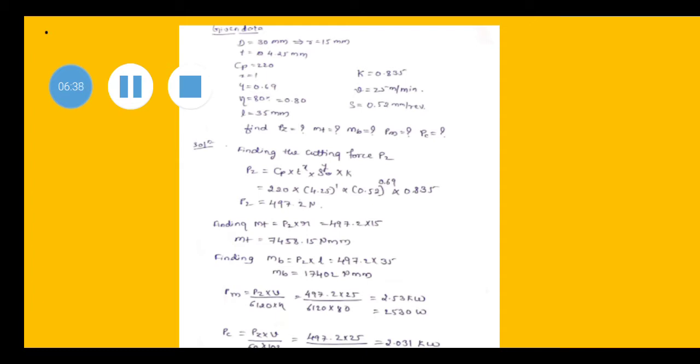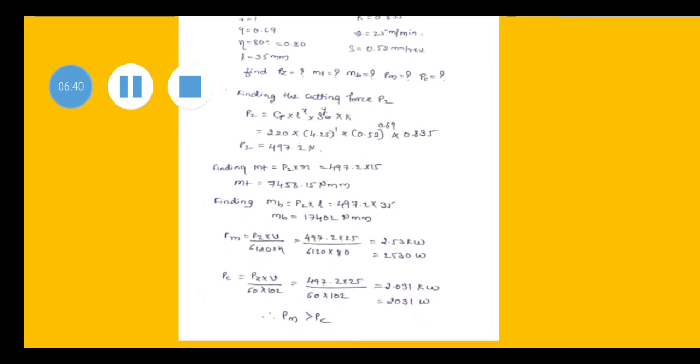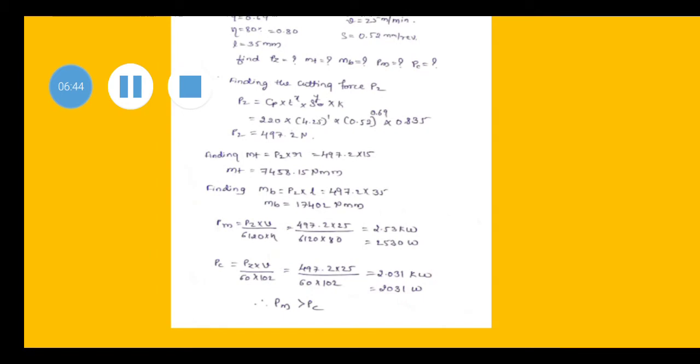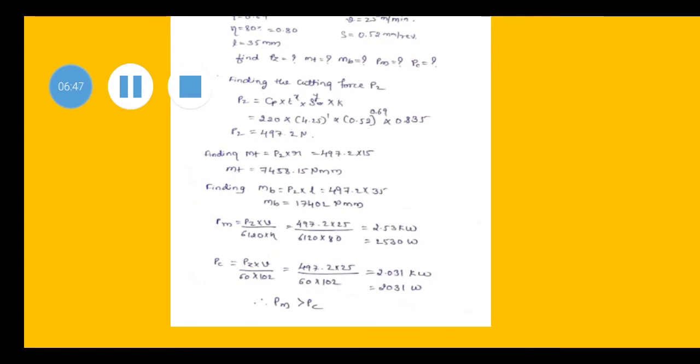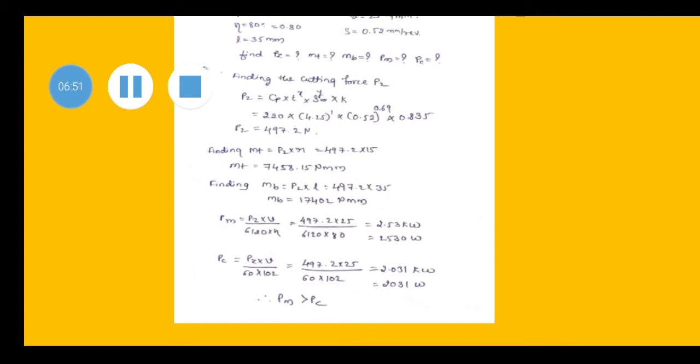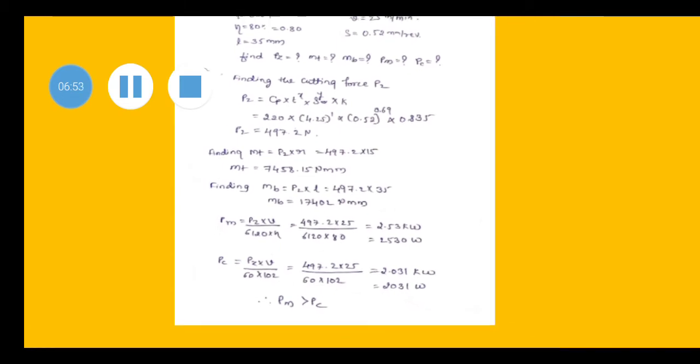Cutting power Pc is Pz into V divided by 60 into 102, 497.2 into 25 divided by 60 into 102, that is 2031 watt. Therefore Pm is greater than Pc.